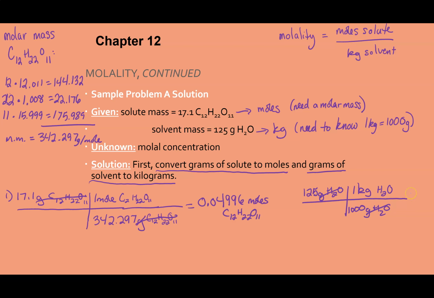And I'm going to know that I'm left with 0.125 kilograms of H2O. All right, so there we've done our first step. Our next step is going to be to actually calculate the molality using those different pieces of information. So I'm going to move on to a clear slide to calculate the molality.